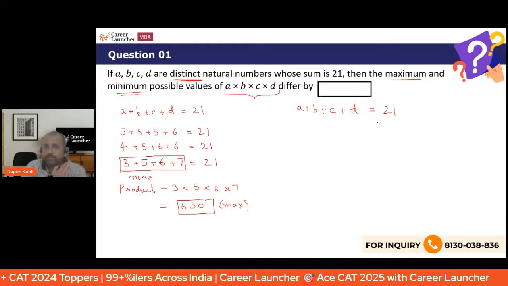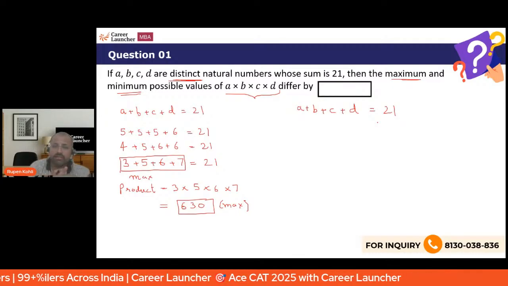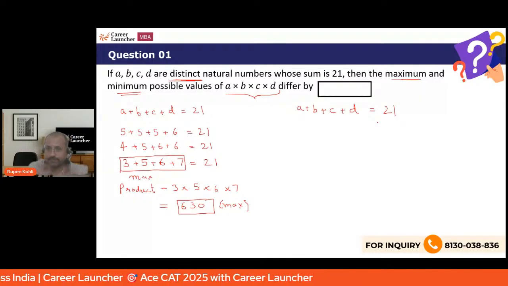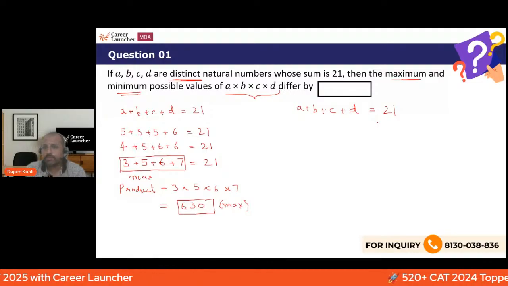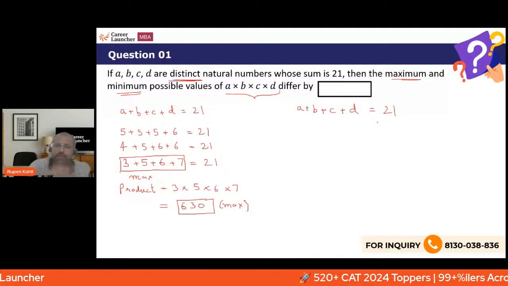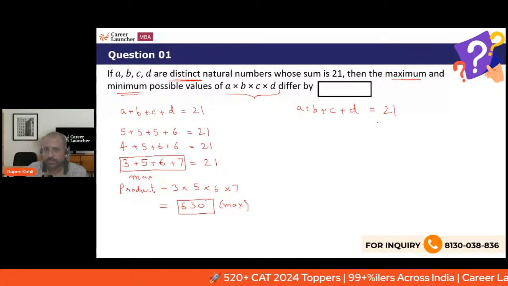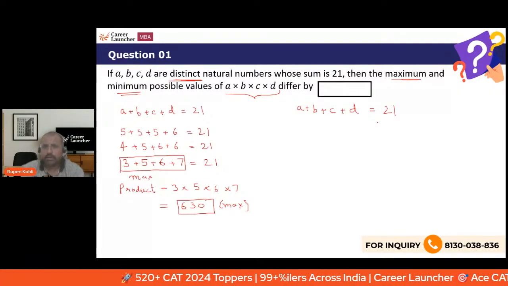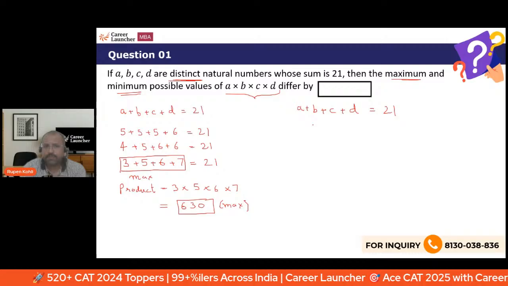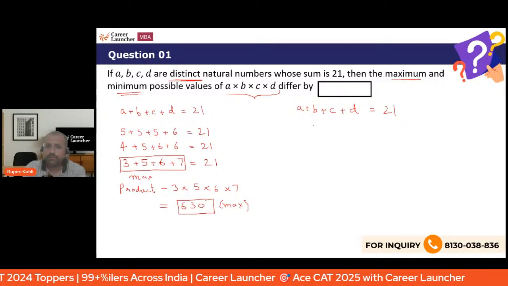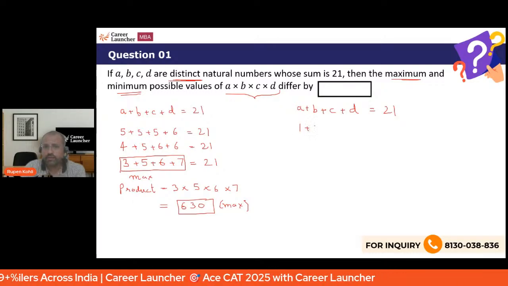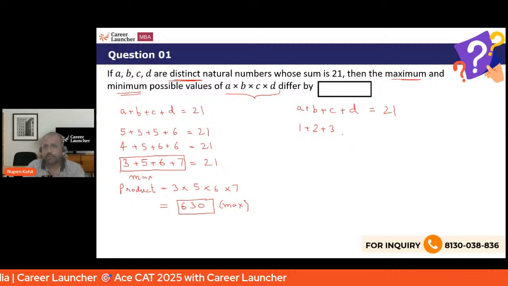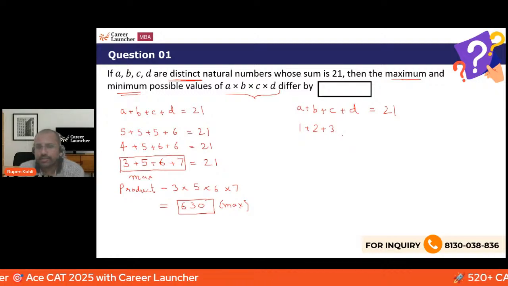Now, if I keep the numbers as small as possible, all of them, that is one possibility. Or if I keep all of the numbers very small and one number is very large, that is another possibility. So let's try both, right? If I keep the numbers very small, then 1, 2, 3, okay, the smallest natural numbers.